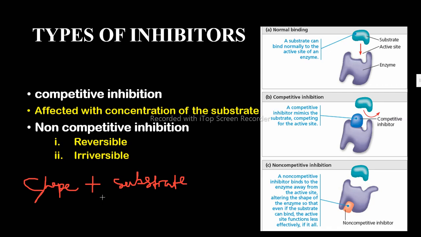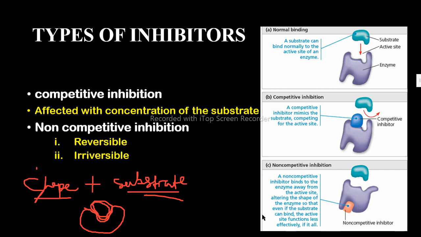Now, if the inhibitor has the same shape as the substrate molecule, then it means the inhibitor too can bind to the active site of the enzyme. So therefore, the inhibitor together with the substrate molecule, they will all compete for the active site of the enzyme because they have exactly the same shape.